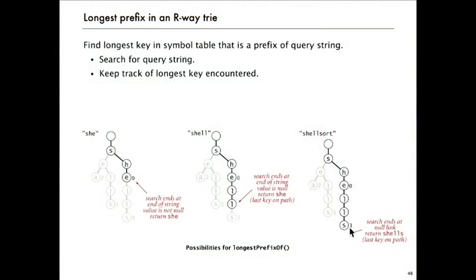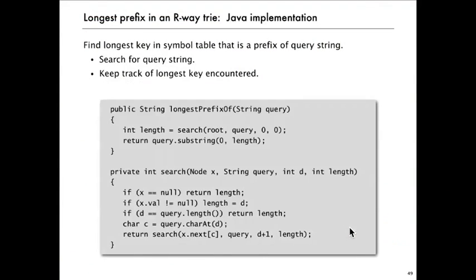If there's a value on that node that's got the null link, that's the value we're going to return. So that's a very straightforward implementation, just keeping track of the longest key encountered on the search for our key. That's the implementation of longest prefix of in the usual setup of making a recursive call, and this code is quite straightforward.